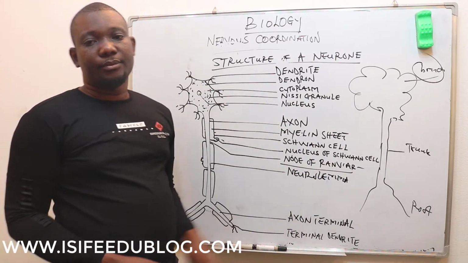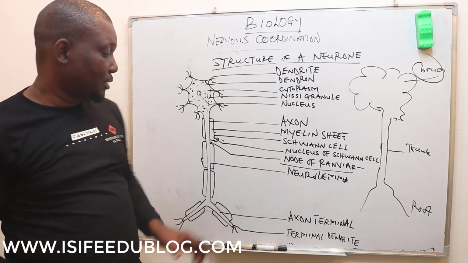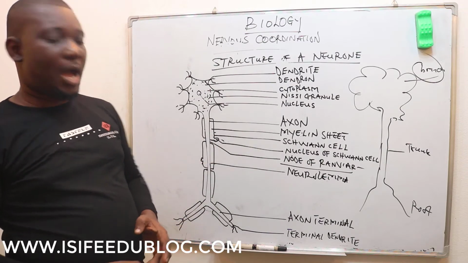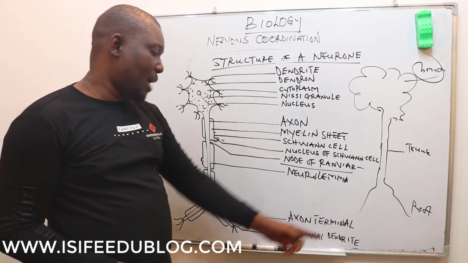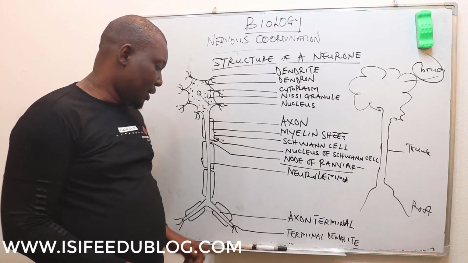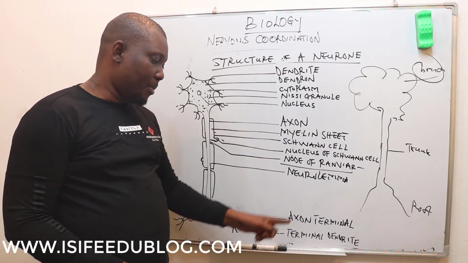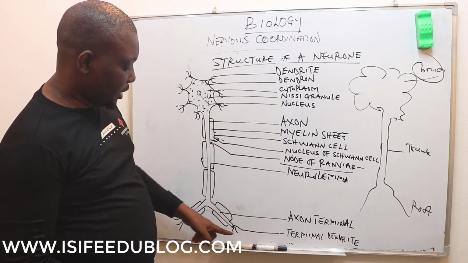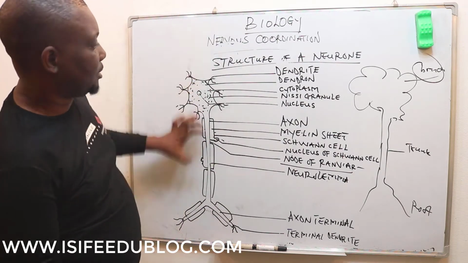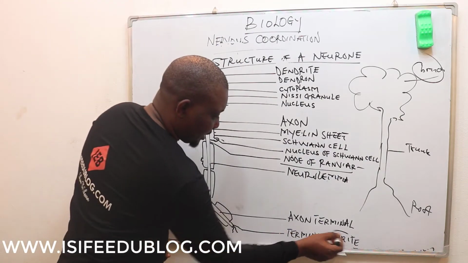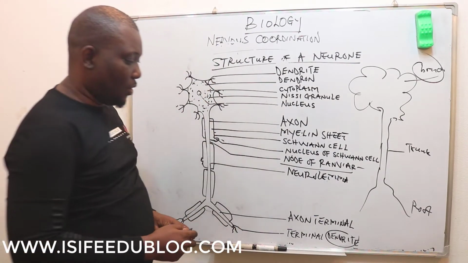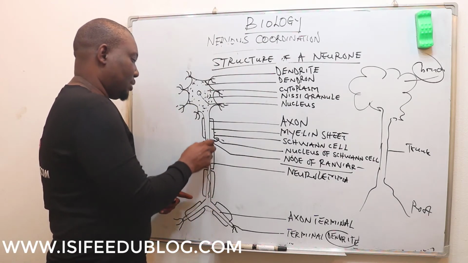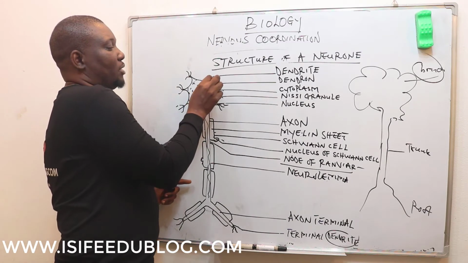We have the neurolemma that helps to regenerate damaged axons. We have the axon terminal and the terminal dendrites. Through these terminal dendrites, impulses can enter this neuron and move along the axon terminal to the axon itself. Impulses are moving along this to the cell body, and such impulses can exit.